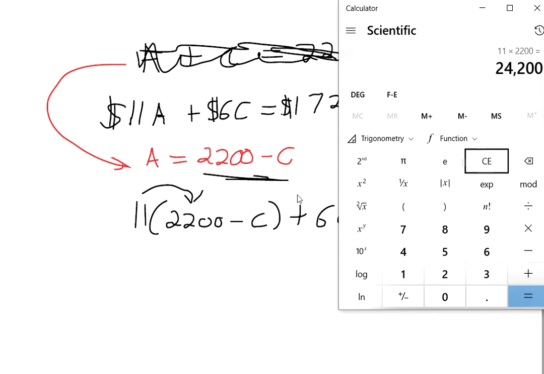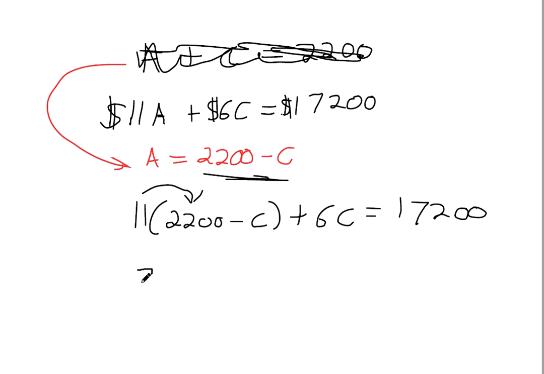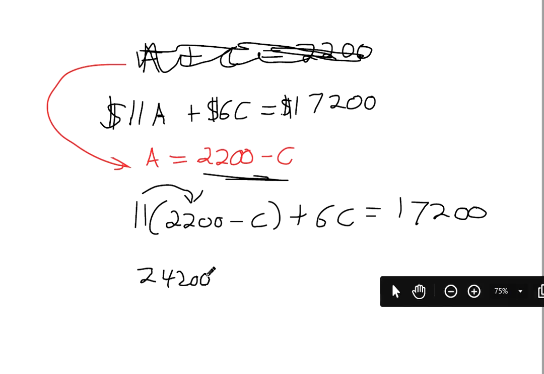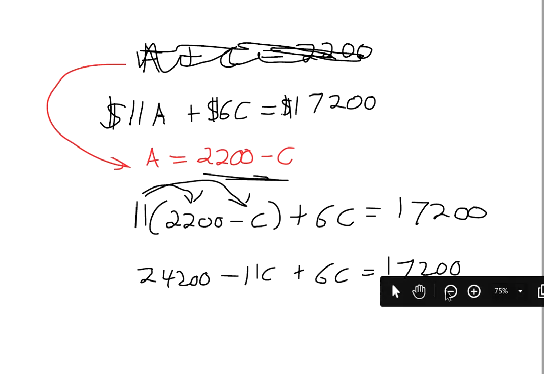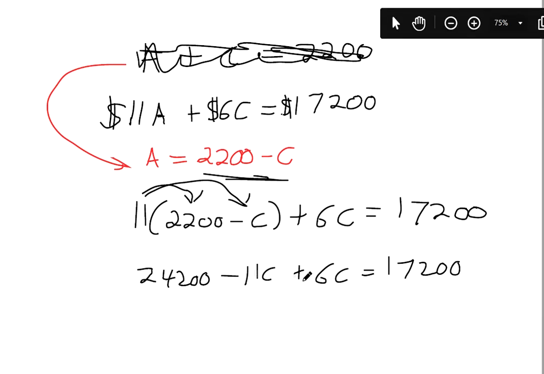But you thought you'd never see that property again in a real world setting. 24,200. And distribute to 11. Getting closer. These two are both in terms of C. So we can do a negative 11C plus 6C. That makes negative 5C.